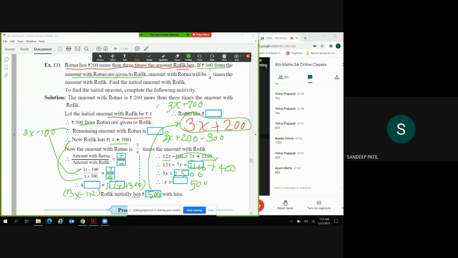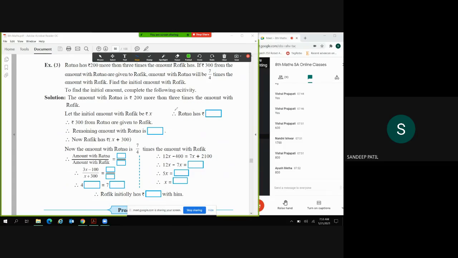So I'm not sure how 800 or 600 number is coming, but okay, we know that Ratna had amount of 3x plus 200, right? And we know that x is 500 here. So if we want to put it here, then 3 into 500 plus 200. So can we solve this? It's 1500 plus 200 is equal to 1700.